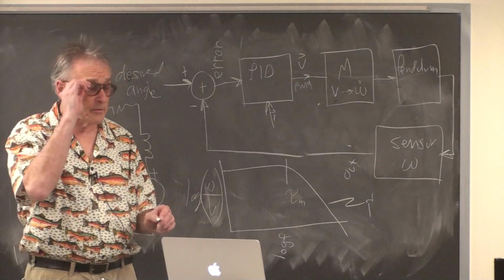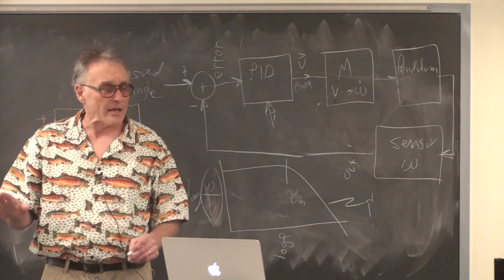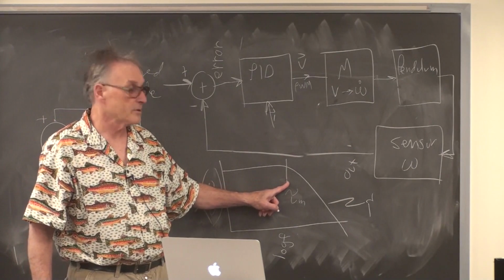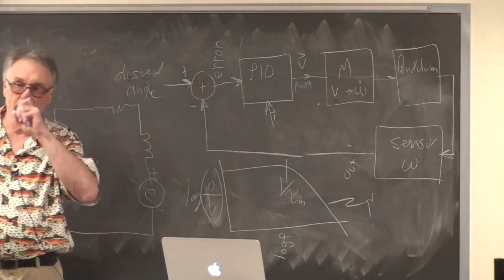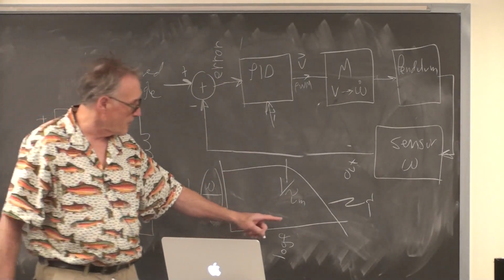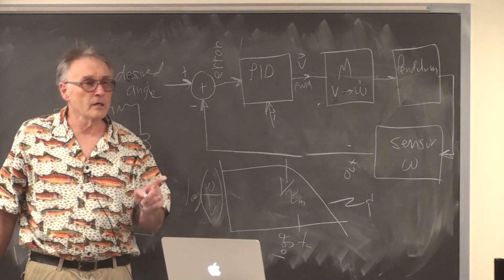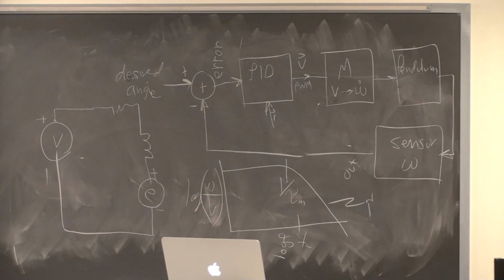The reason I'm going to abstract this away at this point is that the motor is really fast to change speeds. So this is a rather high frequency. Tau m is rather small, so 1 over tau m is a relatively large frequency, the cutoff frequency of the motor. Because the pendulum is much slower than the motor, we can treat the motor as being arbitrarily fast. In other words, we don't care about the time constant of it. It just is instantaneous.